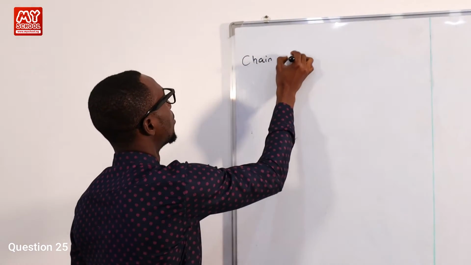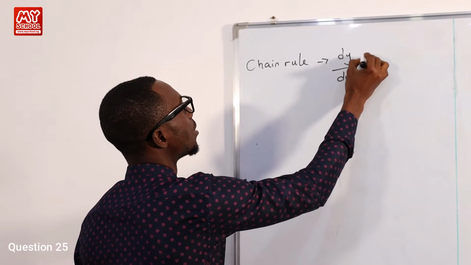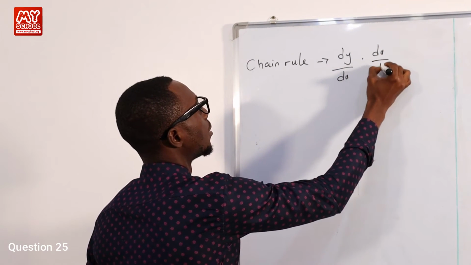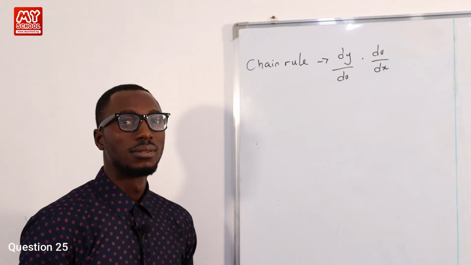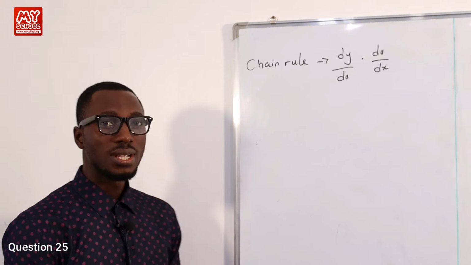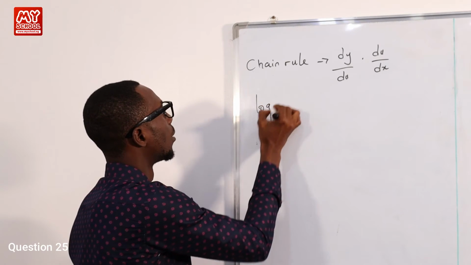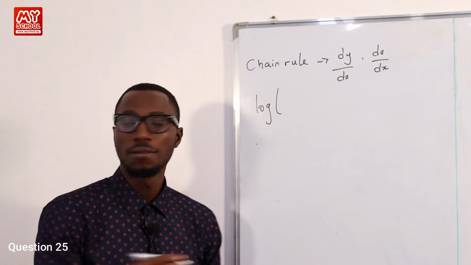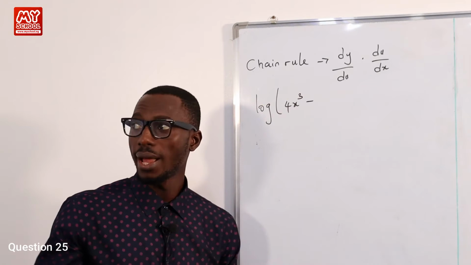Recall that the chain rule is dy/du times du/dx. So, what is our question once again? You have log, open big bracket, of 4x cubed minus 2x.